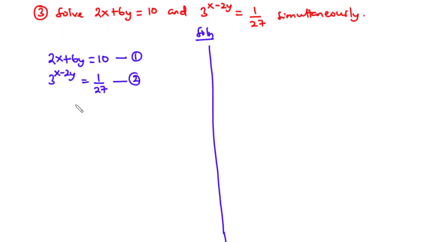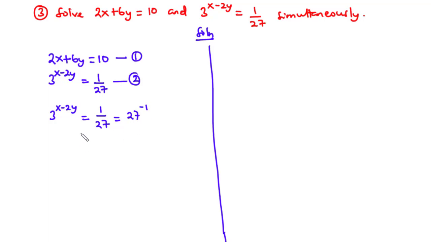Now, to solve these equations simultaneously, we need to resolve equation 2, that is the exponential equation, into a linear equation. So from indices, from equation 2, we have 3 exponent x minus 2y equals 1 over 27. According to indices, 1 over 27 is the same as 27 exponent negative 1.